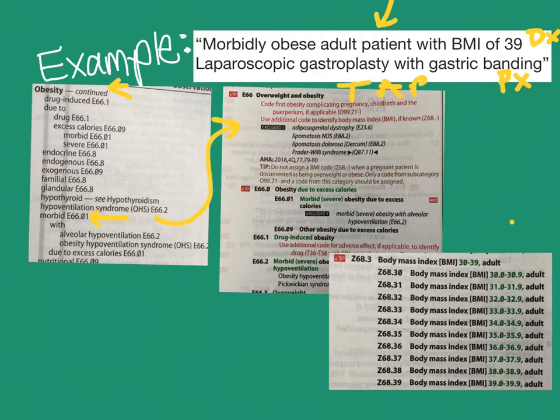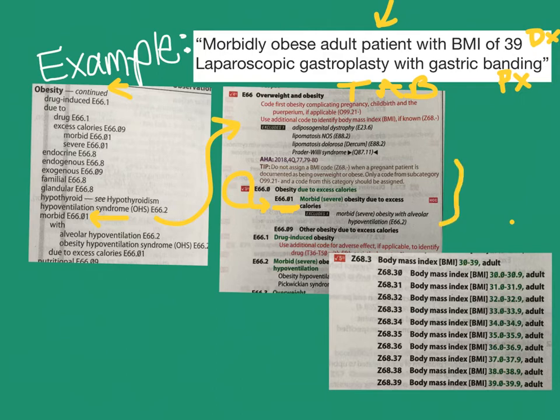So here we are in the tabular list. E66.01, we have our fifth character assigned with that 1. So it looks like we are in good shape. However, we need to remember to scan through our category for instructional notes.